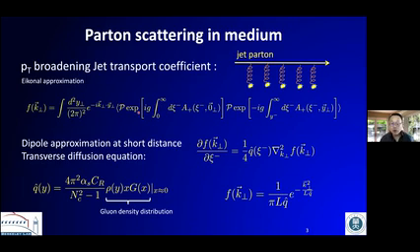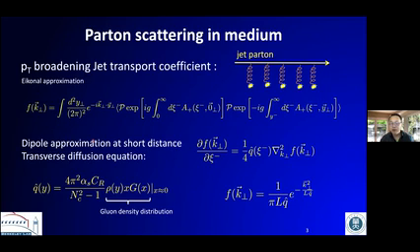If you do a Taylor expansion with respect to the transverse coordinate, you have a series of expansions. If you neglect multiple gluon correlations beyond two, or if you think that all higher order correlations can be expressed as a product of two-field correlations, this is equivalent to what people call the dipole approximation at short distance.